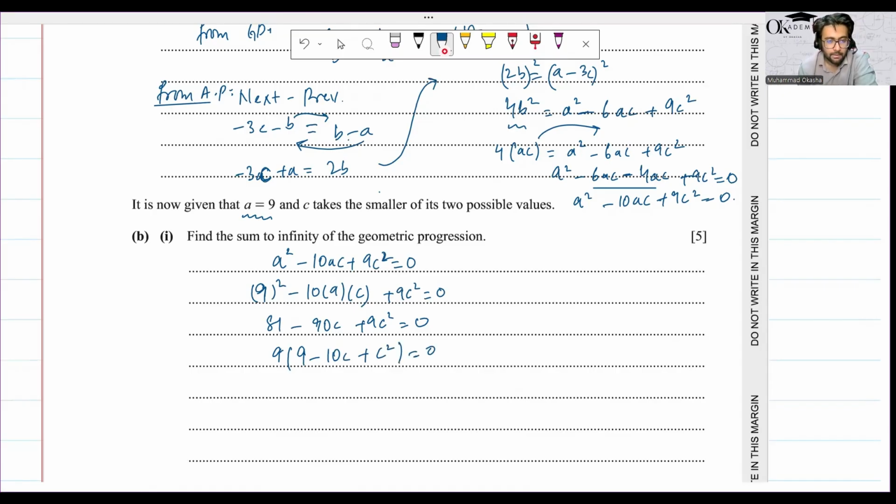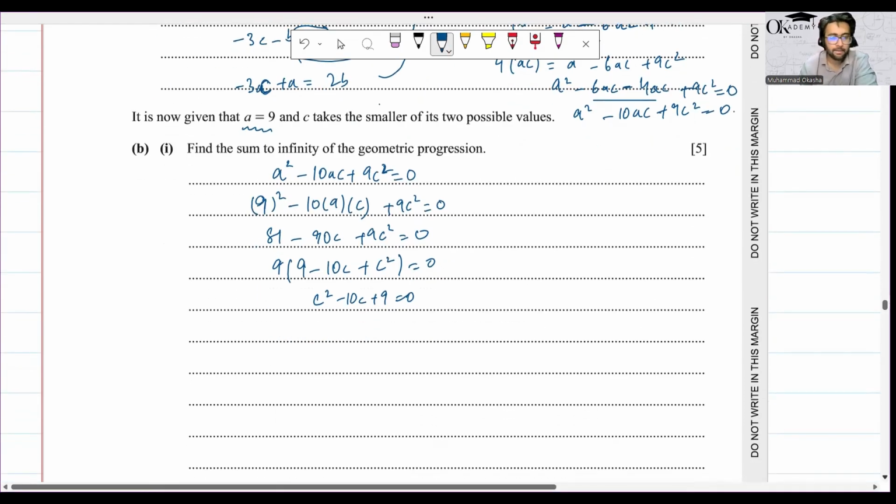And let's rearrange this. Let's divide both sides by 9 first to get rid of the 9. If I rearrange the equation, I'm going to get c squared minus 10c plus 9 equals 0. The 9 gets divided on the other side, becomes 0. Let's break it down.